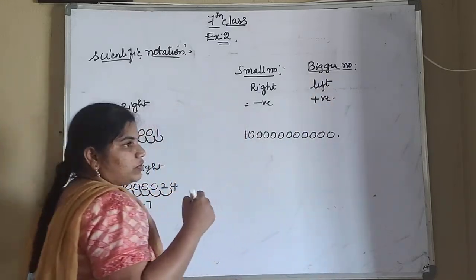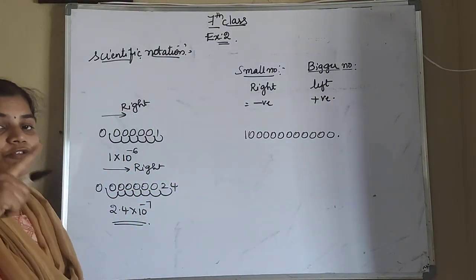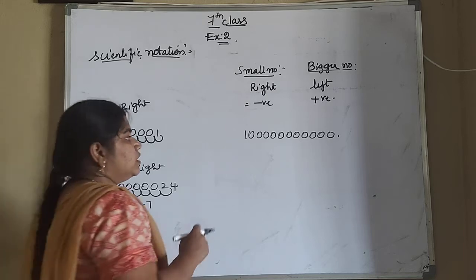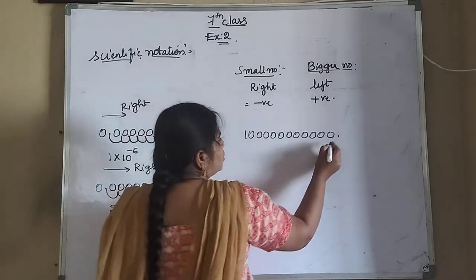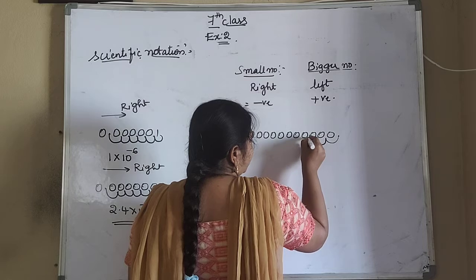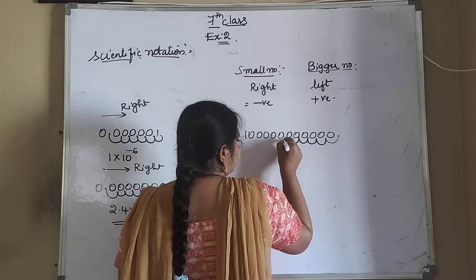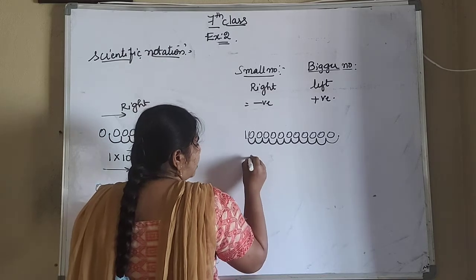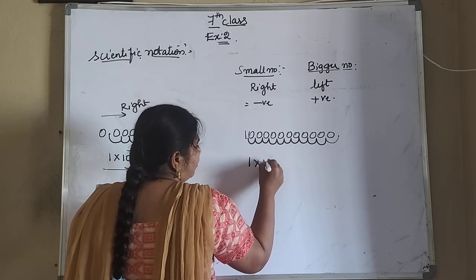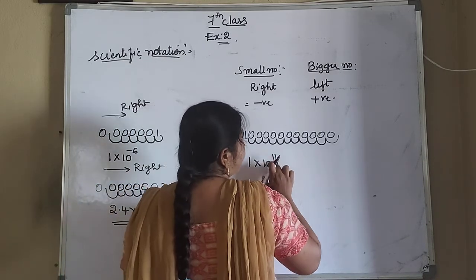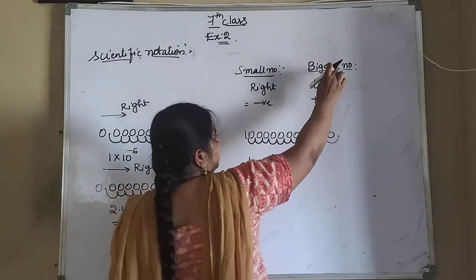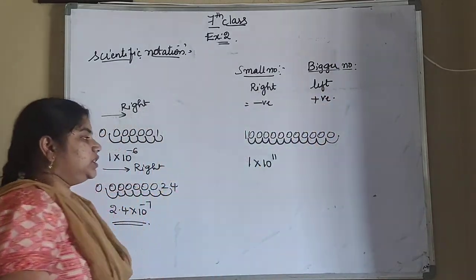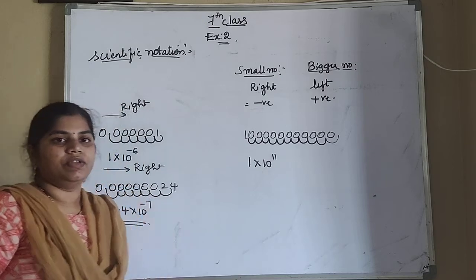The point should lie before one digit only, so till here we have to move. 1, 2, 3, 4, 5, 6, 7, 8, 9, 10, 11. So it is 1 into 10 power 11, because I am writing positive power since it is a bigger number. So this is the scientific notation for the given value.